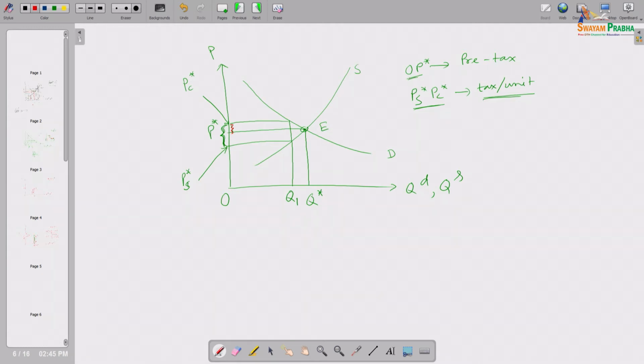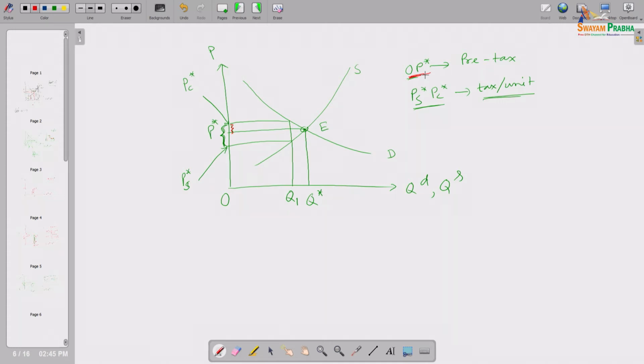Earlier they were paying OP star amount, now they are paying OPC star amount. That distance is less than the amount of tax the government imposed on the commodity. Look, before the tax the seller was getting this same price per unit of the commodity.